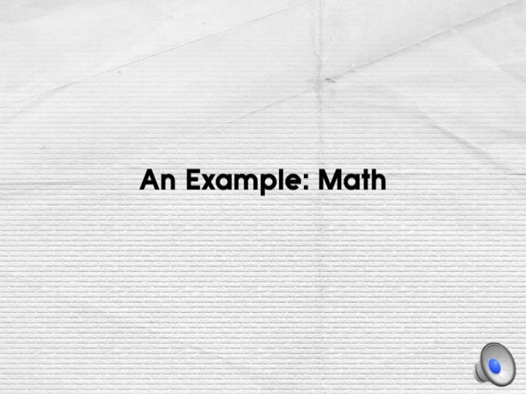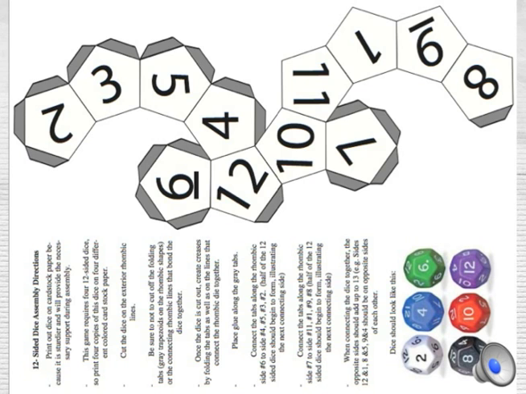Next up, an example from math. In math, and especially in algebra and arithmetic, there's a game called the 24 game. The way this game works is students roll, I think it's 3 of these, which is a 12-sided dice, with numbers obviously 1 to 12 on it.